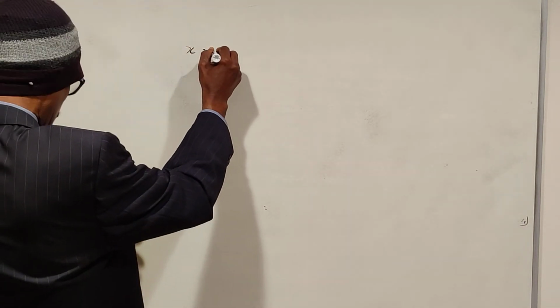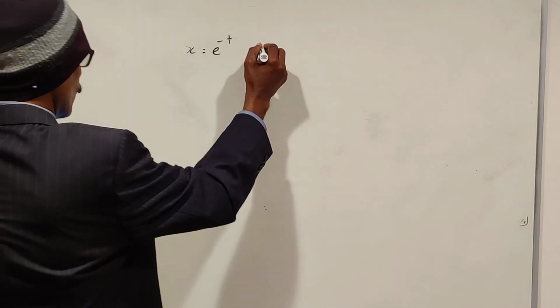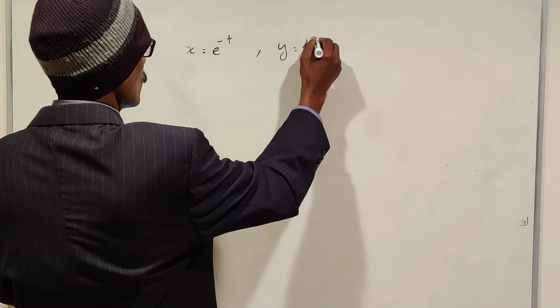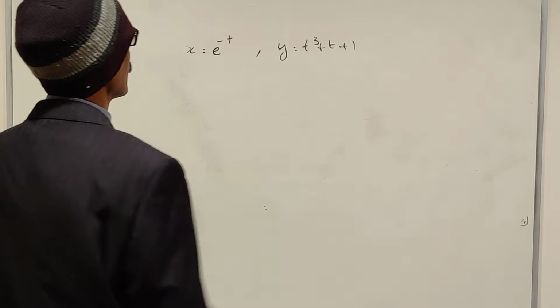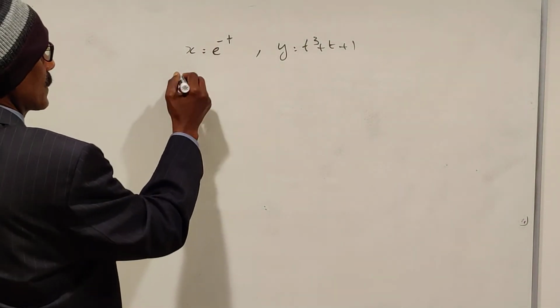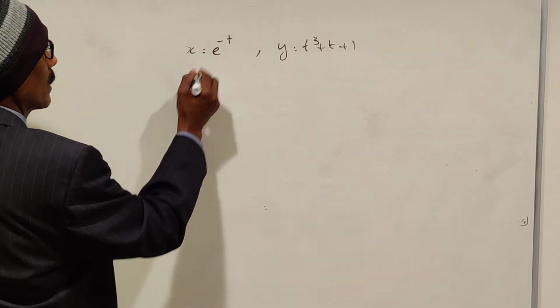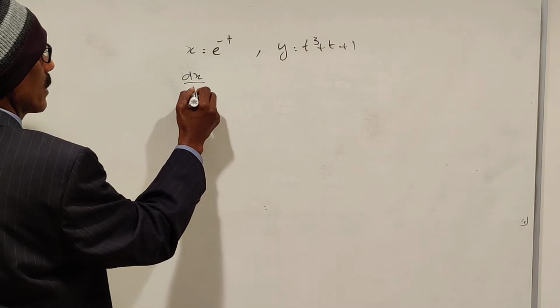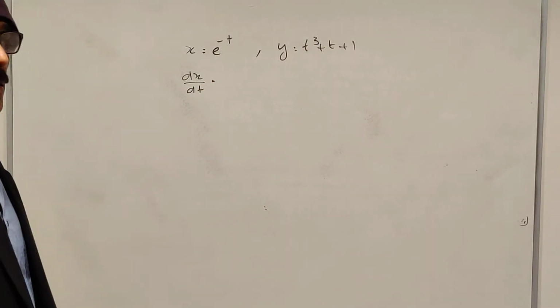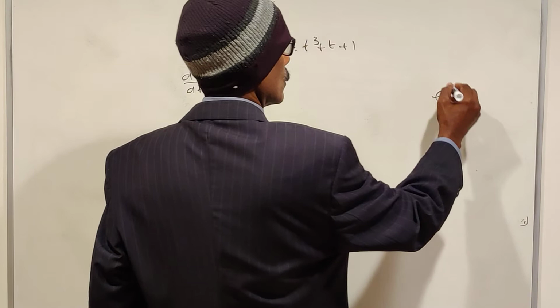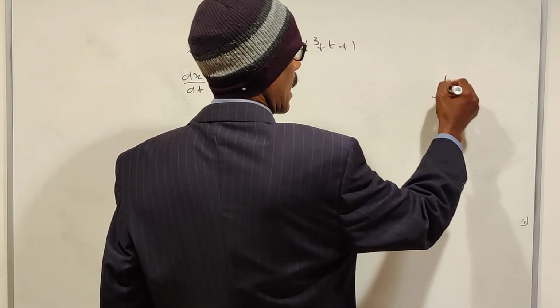x is equal to e raised to minus t, y is equal to t cube plus t plus 1. Okay. What is the derivative of x? What is the derivative of e raised to minus t? Dx by dt equals e raised to minus t. What is the derivative of e raised to u? E raised to u. Then apply the chain rule.